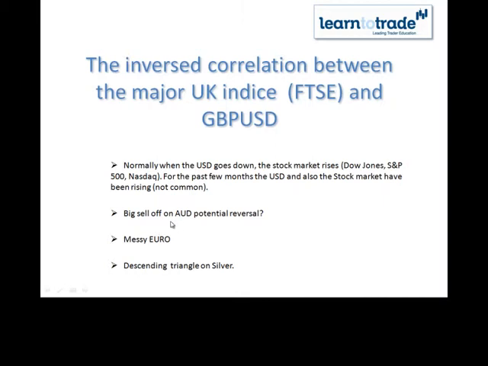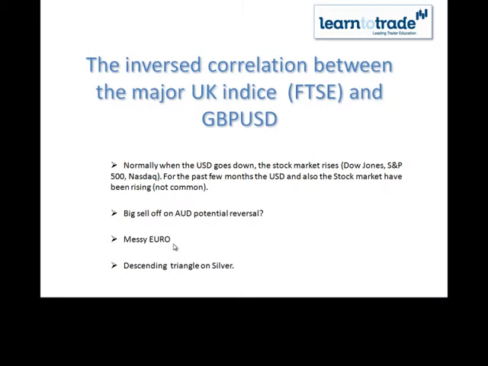Some other bullet points: we can see a big sell-off on Aussie and a potential reversal. It's giving a massive low test bar on the weekly chart, and it's right at the bottom, so we could potentially see a turning point from down there. And also the euro is being very messy. I haven't traded the euro for a long time. In fact, I make most of my money trading stocks for the past 2 months.